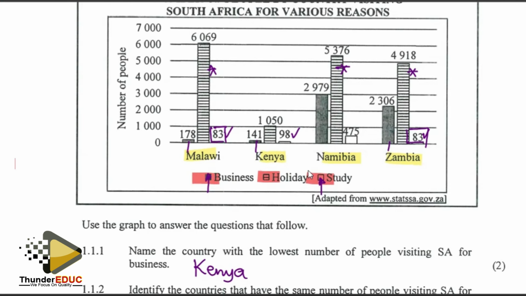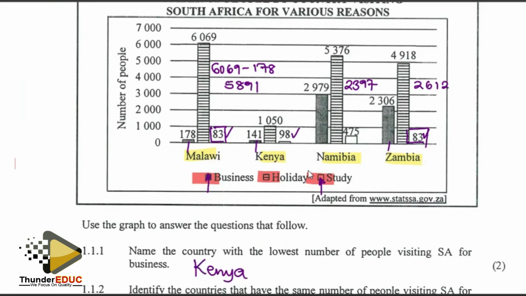Now, when you come here, that means we're going to subtract. We shall subtract 6,069 minus 178 to give you a certain value, which comes to 5,891. When you subtract the next one, you have 2,397. And when you subtract the last one, you will have 261.